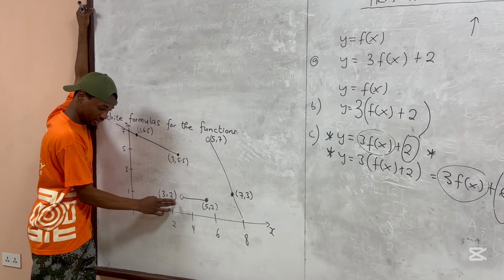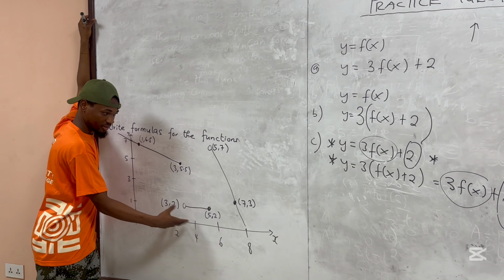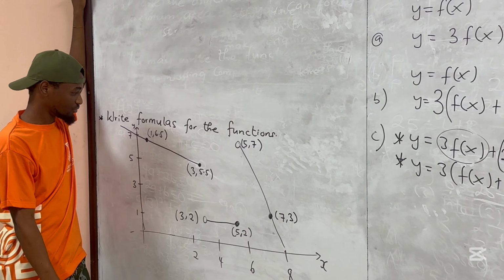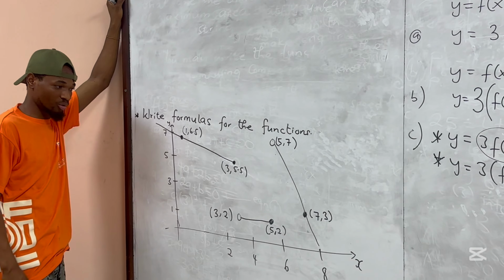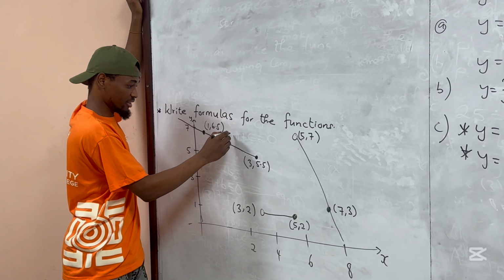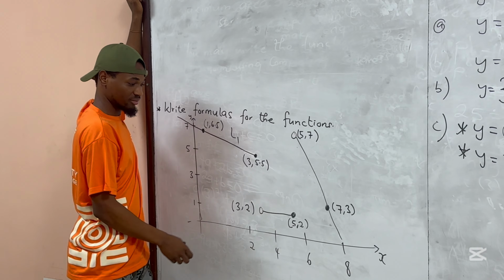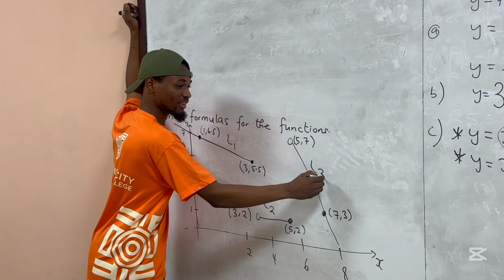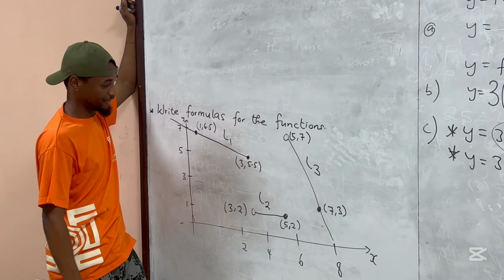You have this line with a point. You have this line too, with a point. Okay. So how do you go about it? So let me call this line 1. Let me call this line 2. Let's call this line 3. Okay.